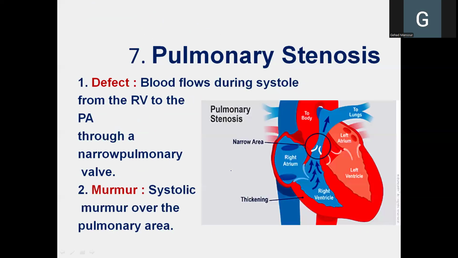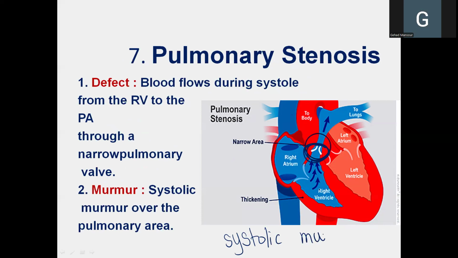The same applies to pulmonary stenosis, but this time there is difficulty for the right ventricle to pump blood into the pulmonary artery because of a narrow pulmonary valve. And of course, the problem would appear during systole again, and the turbulent flow would appear during systole.